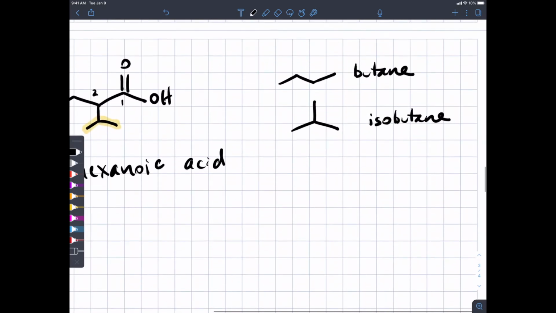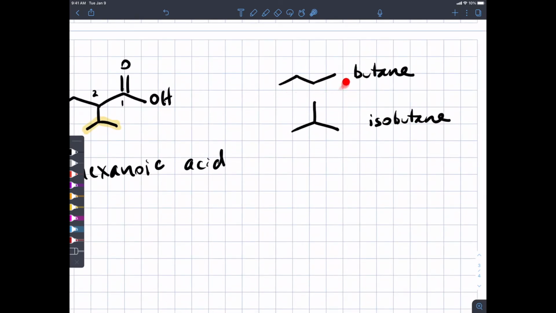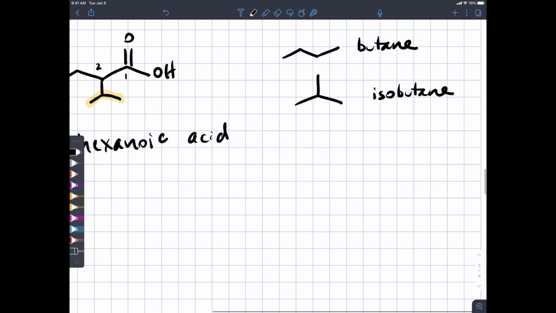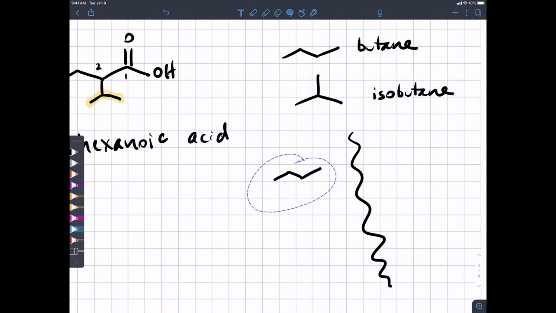But then if you start adding either of these as substituents, it gets kind of nasty. So imagine a chain of some molecule, and then you have 1, 2, 4 carbons, and then that's attached to the chain.